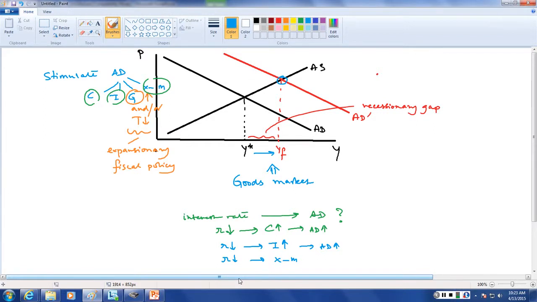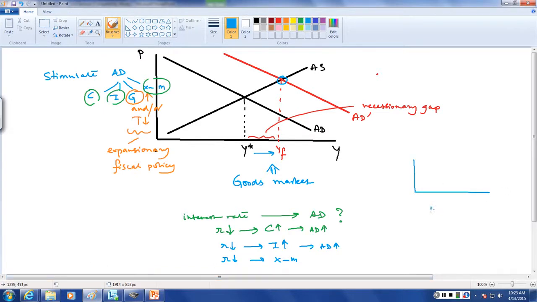For instance, many rich Mexicans who have money lying in American banks will now find America not an attractive destination because US interest rates have fallen. They will try to pull their money out. And how would they pull their money out? They would try to convert their dollars in American banks back into pesos, for instance. Right? So you need to think now of a market for dollars.